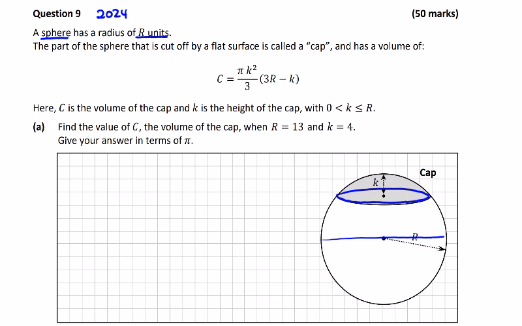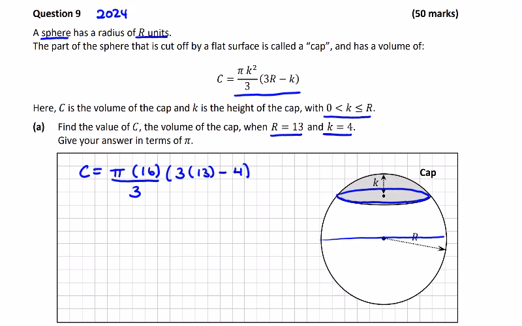So here C is the volume of the cap, and we're given this expression, and we're told that k is less than r. We're told r is 13, k is 4. So it's just substitution for the first part. C is equal to pi times k squared, which is 16, divided by 3 times 3 times r, which is 13, minus k, which is 4.